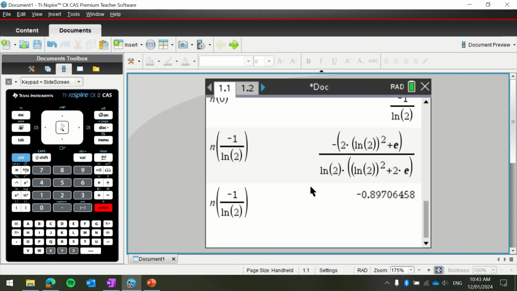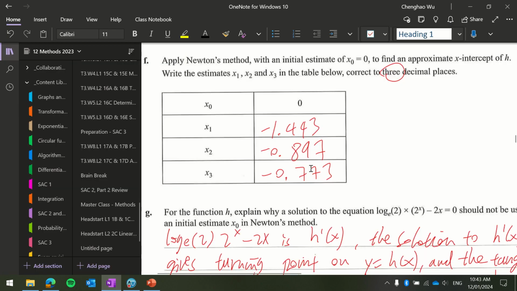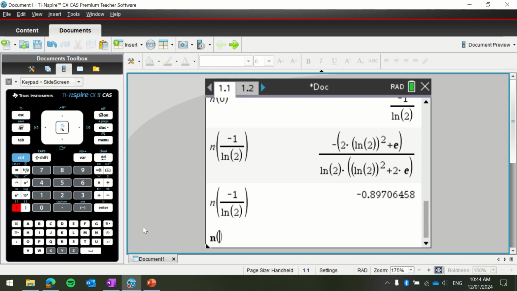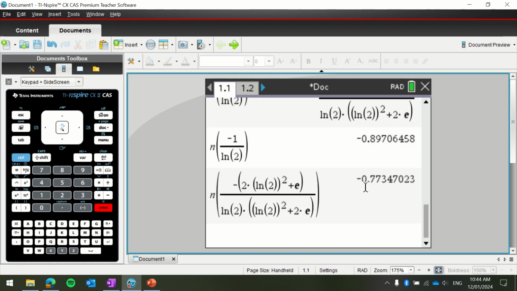Good. And so this is the number I put in next, negative 8.897 and so on, to 3 decimal places. And then this becomes my x2, and then I sub that in to get x3, and so on. Always use the exact value, and that's my final answer.